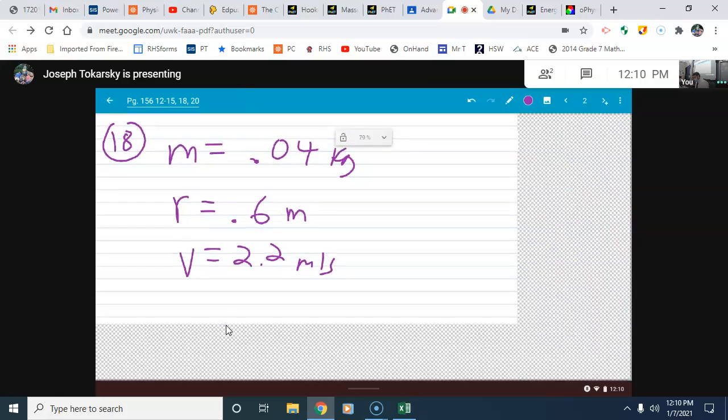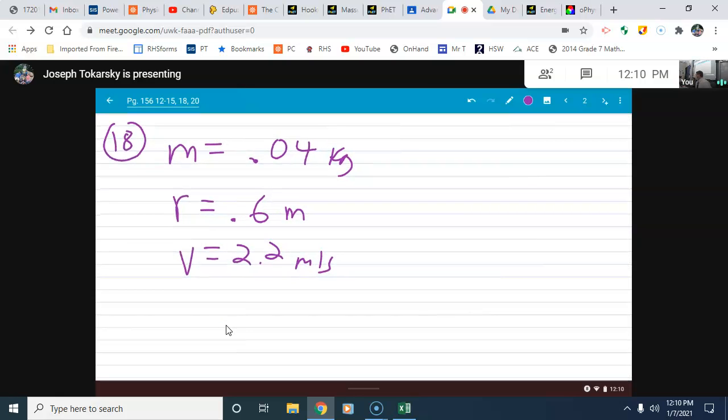And really, this one, it might not seem like it, but it's practically the same problem as number 15. But instead of the centripetal force being friction, it's what now? When you're doing this, what's causing the circular motion? Yeah. What's that? Tension, exactly. So other than that, everything's exactly the same.